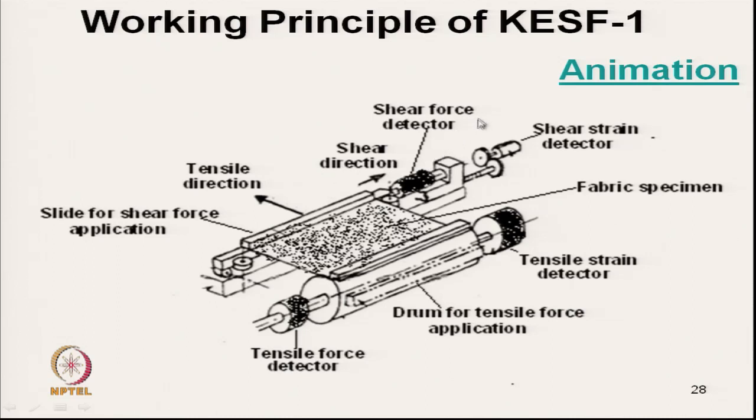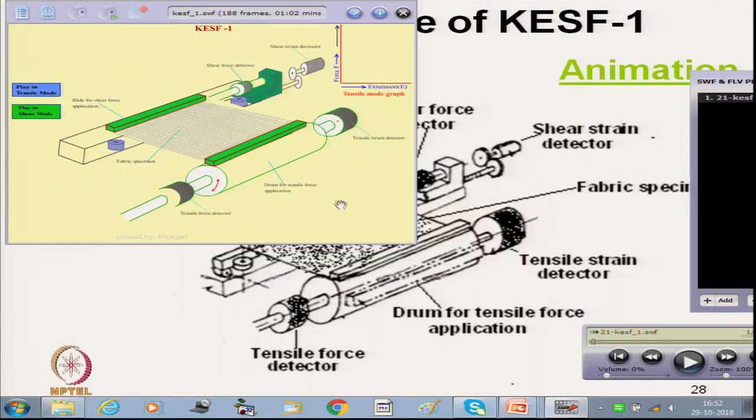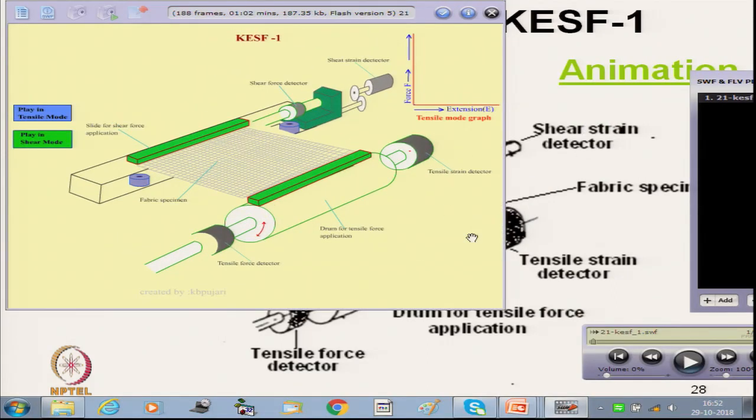And the shear force detector here is again nothing but a torque sensor. It's the torque required to slide this slider, and from there we can get the shear stress and shear strain value. Now, let us see the animation here.